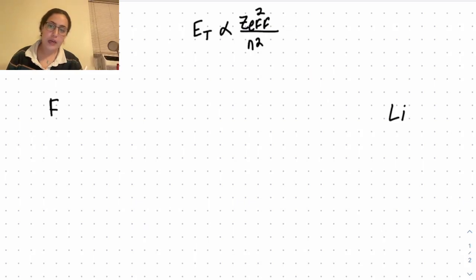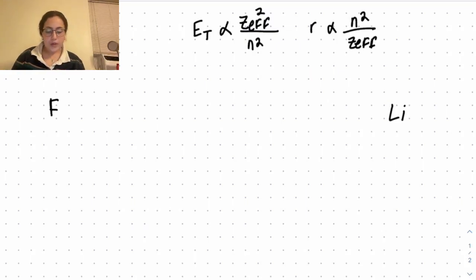So we have E total is proportional to Z effective squared over N squared, and R is proportional to N squared over Z effective. So we're going to have to look at the Z effective for both fluorine and lithium.